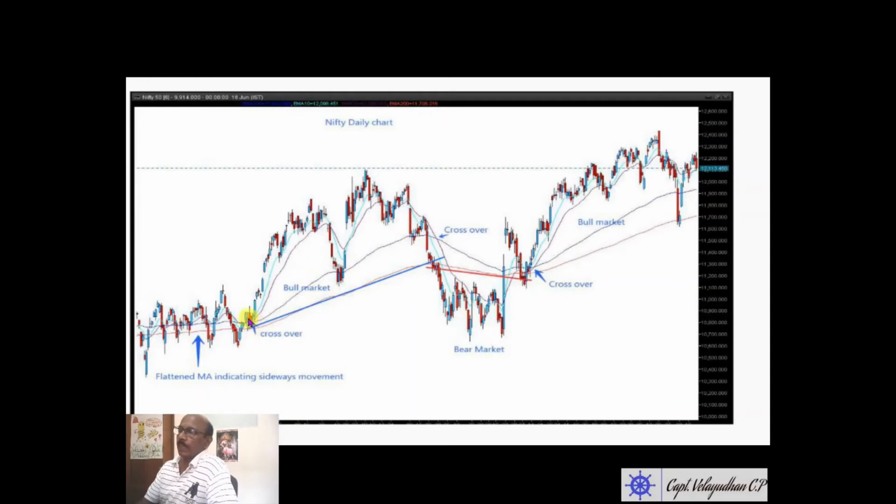Then there is another indicator, like a crossover. So it got a 21-day crossover, and they got a good buy signal here. Here, in a bear market, again it crossed over the 200-day period, and it got a good buy here. A few months of buy signal it got here.